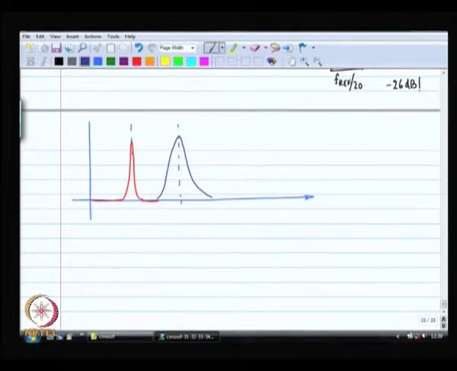Now, the comparison is between the divided output. You divide the output by a factor of 2 and then compare each other. That is, you compare the reference to the divided output.